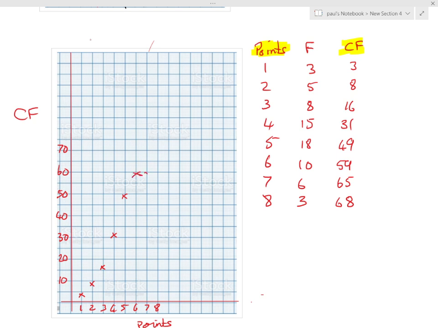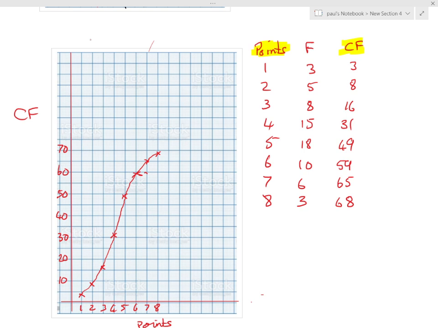Sorry, made a mistake. 7 and 65, and 8 and 68. About there, yeah. So again, try and join them up. I missed that bit a bit, so that's going to affect it a little bit. Never mind anyway.